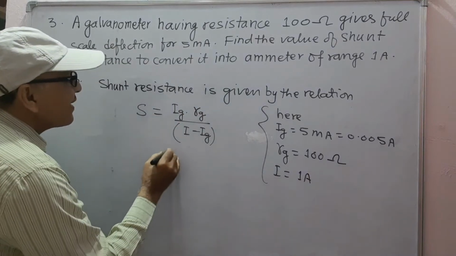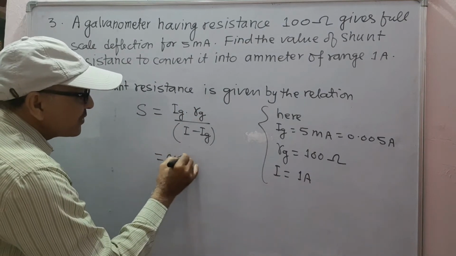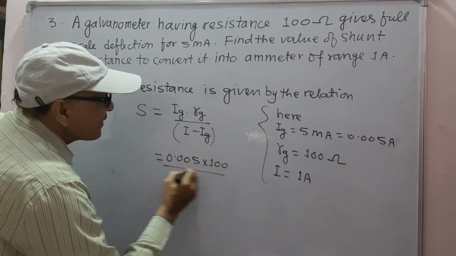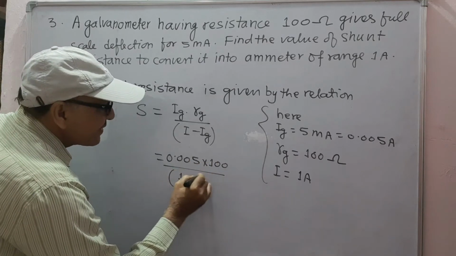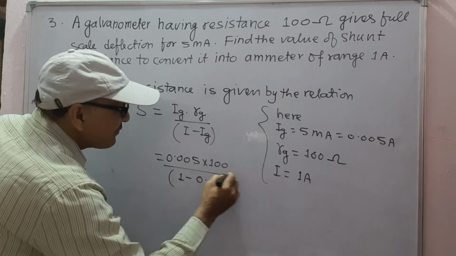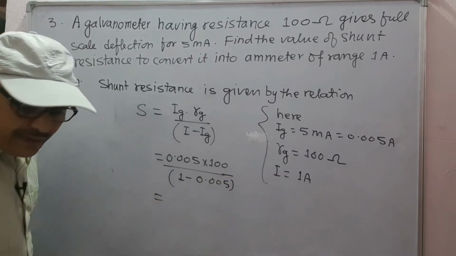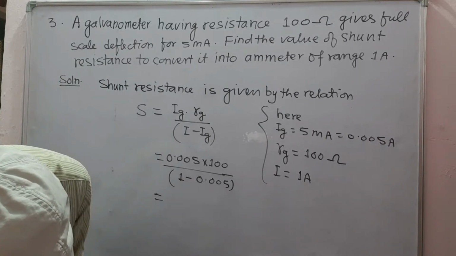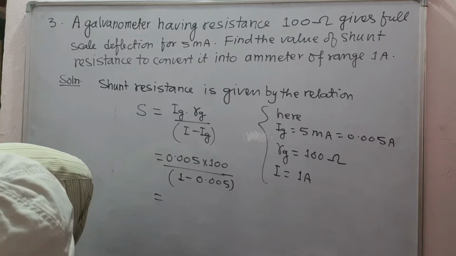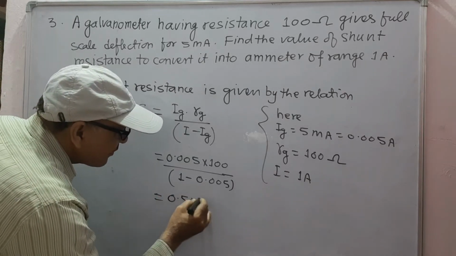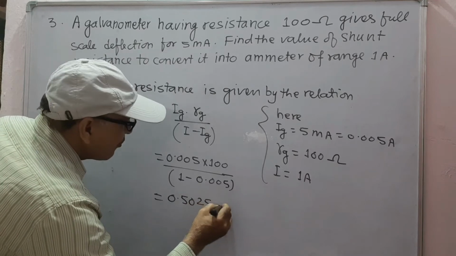So 0.005 into 100 upon 1 minus 0.005, which gives 0.5025 ohms.